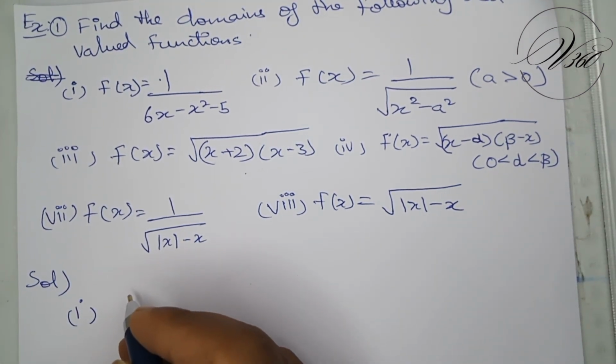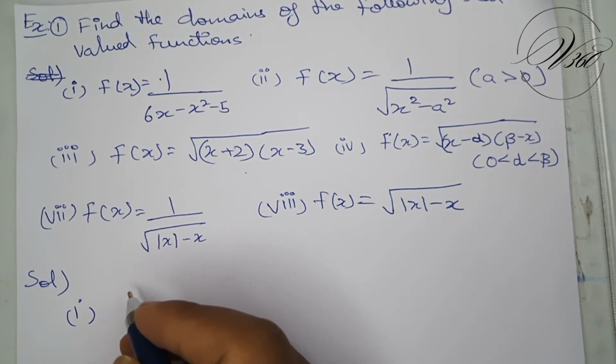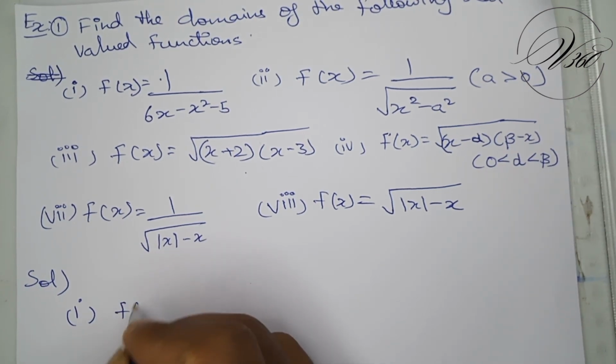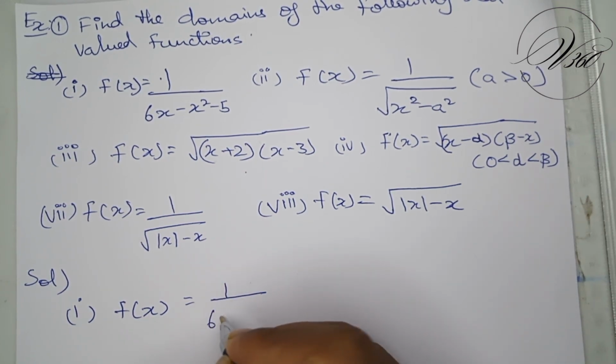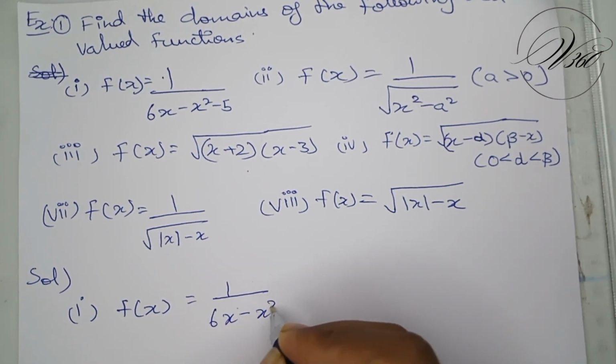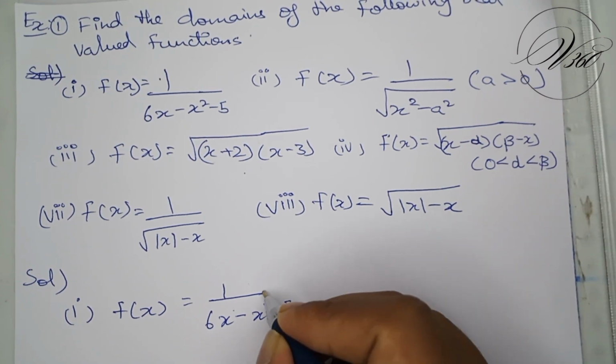Here we should take f of x is equal to 1 by 6x minus x square minus 5.